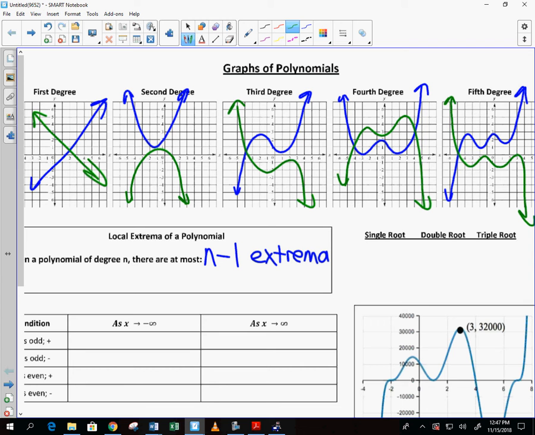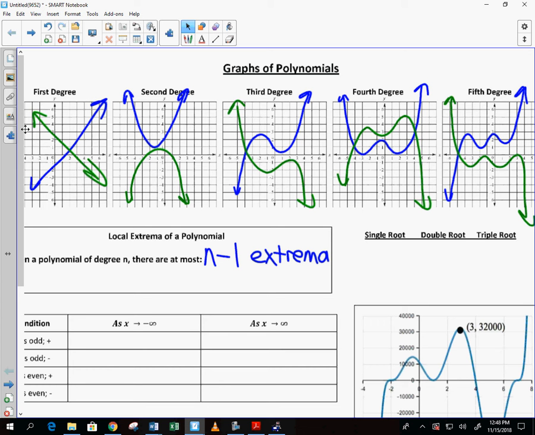That'll be a negative quintic. Kind of tough unless you got a different colored pencil, huh? Okay, you guys told me all the blue graphs are positive and they all end going up. All the green graphs are negative and they all end going down. So if it's positive, it will end up. If it's negative, it will end down. Everybody got that through their brain?